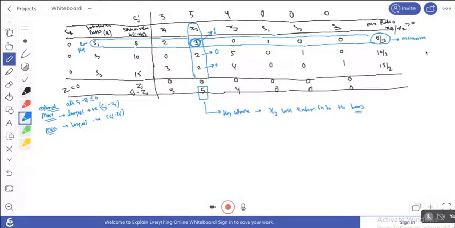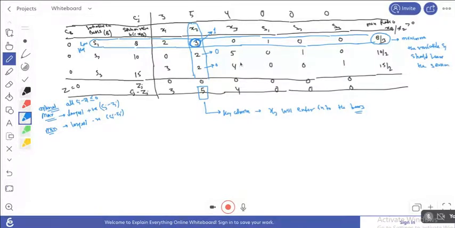So here you should write that the variable s1 should leave the solution.